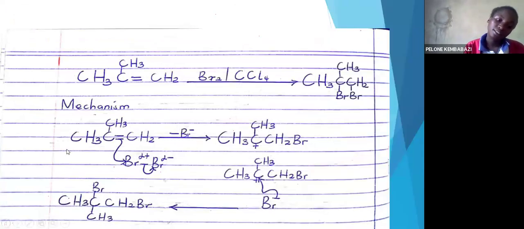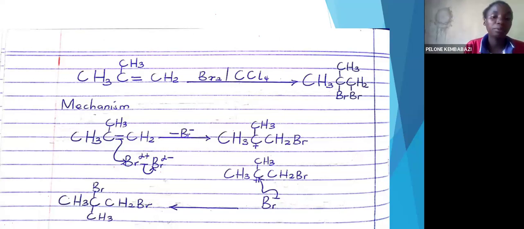If you are asked such a question, you shouldn't panic or think that the question is hard, because it was the real mechanisms that you have always been doing. Only that they changed the language and said, describe the reaction. Majority of us are used to questions where they tell us to complete the following equations and outline a mechanism. But for this case, they wanted us to describe the reaction.